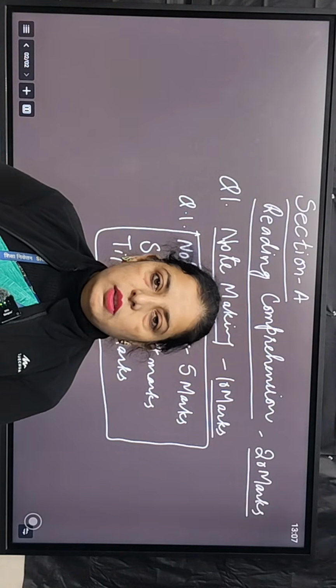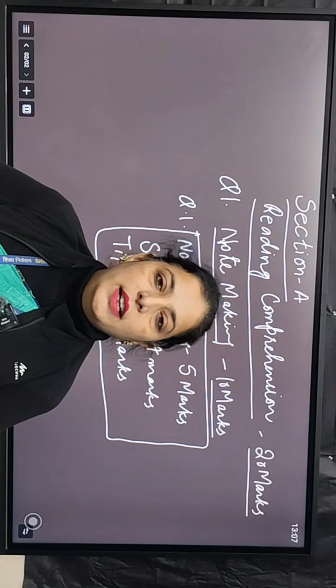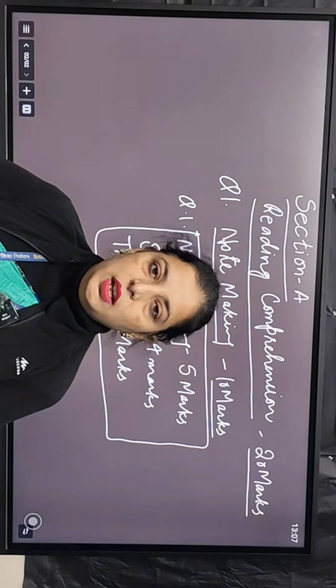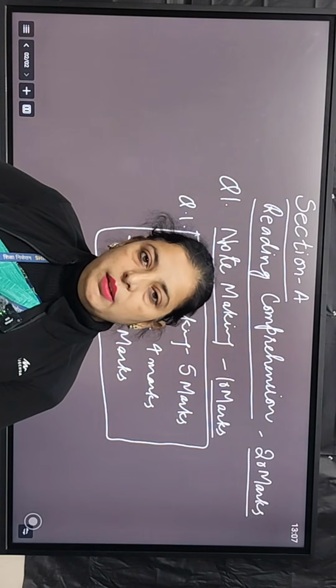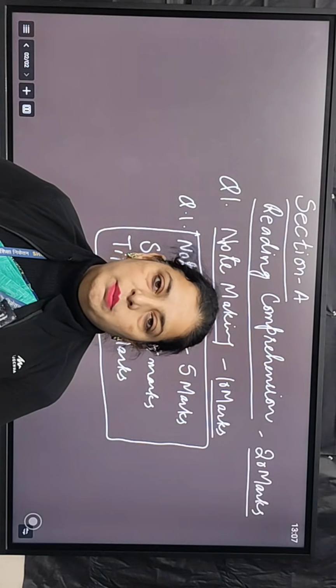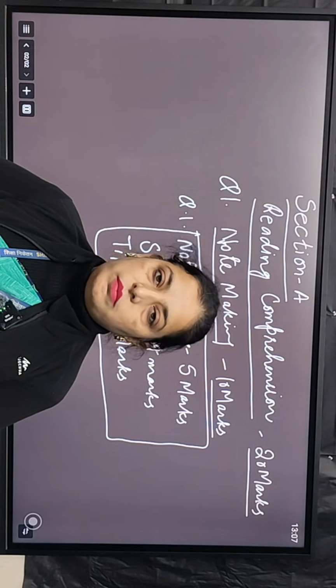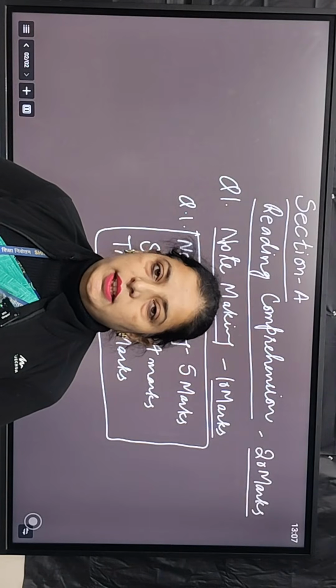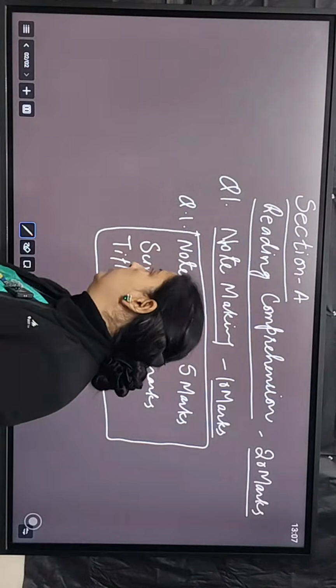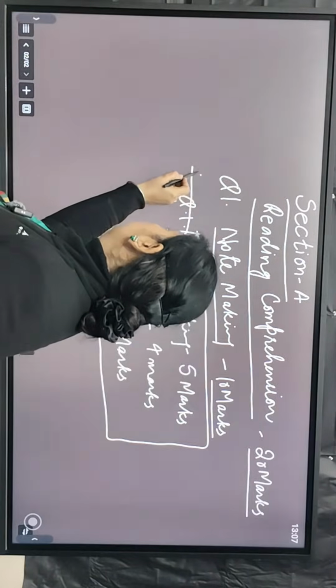So we have to make headings and subheadings, or titles and subtitles, for the paragraph. So when a 400-word paragraph comes to you, you have to divide this 400-word paragraph into titles and then subtitles. We have to make minimum 4 main headings for this note making.